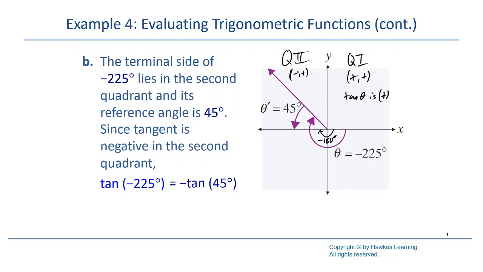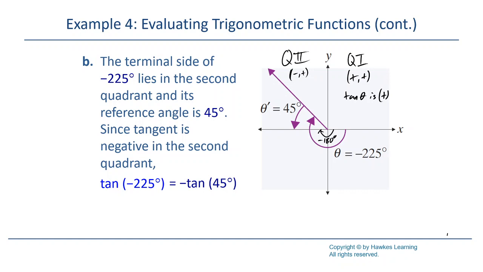However, when I come over to quadrant 2 or quadrant 4, these have mismatched signs. So I'm going to get a positive over a negative, which is going to give me a negative value. So I put it in this context and say, okay, well, tangent of negative 225 degrees is the same as negative tangent of 45 degrees.